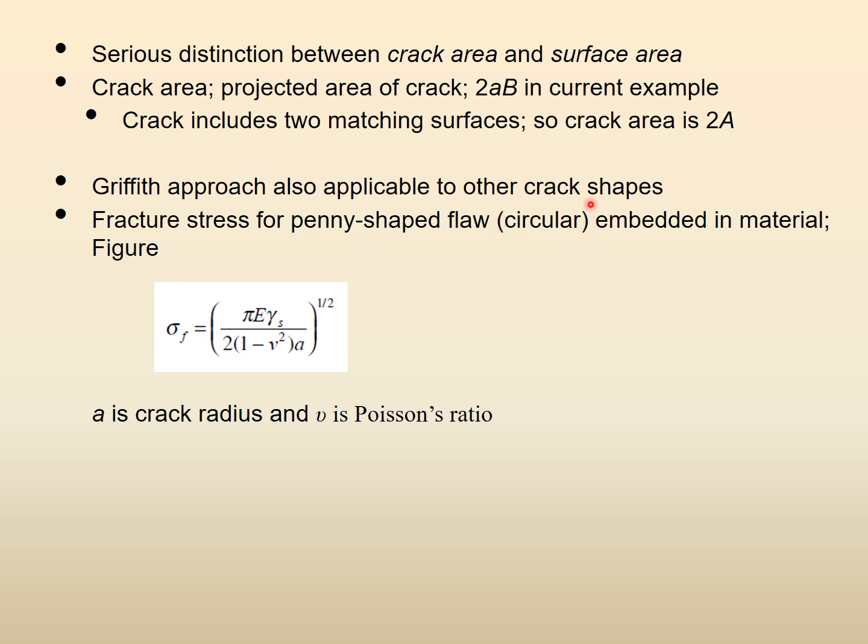They could have said circular, but remember the American penny or any coin is round. So penny-shaped means circular, embedded in a material, which means not on the edge but inside. We will show you the diagram on the next page. E gamma S upon 2A is there, but 1 minus nu square has been added. Of course, A is the crack radius, and nu is the Poisson's ratio of the material.